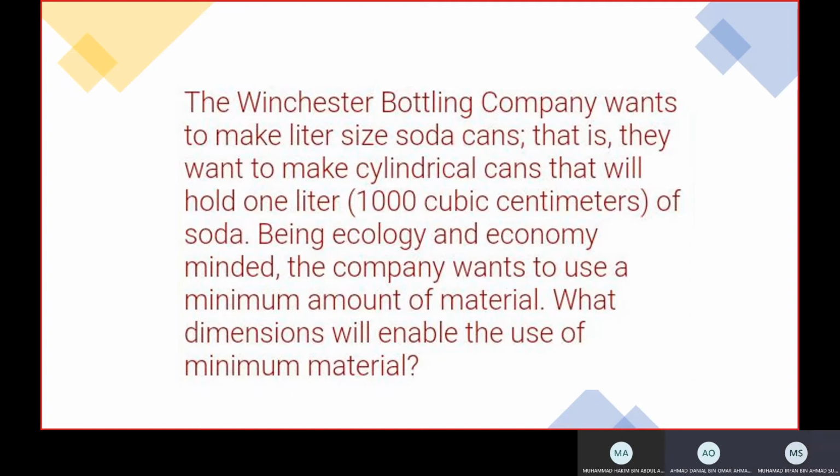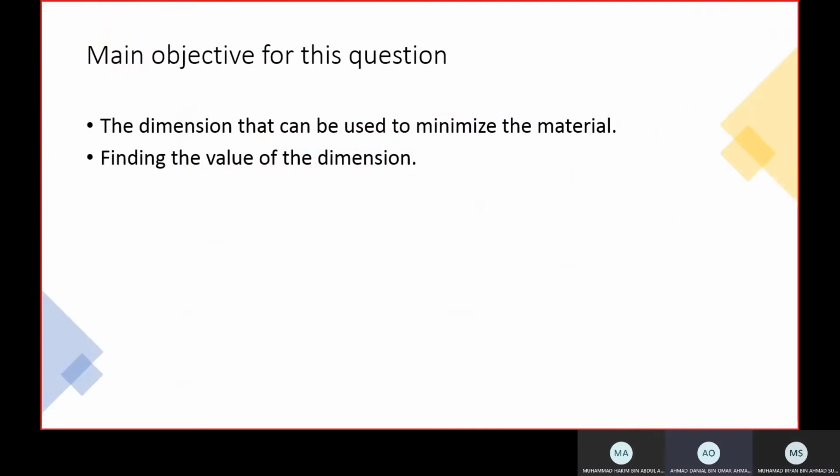Next is 1,000 cubic centimeters. That is the next clue. And also, they want the minimum. They want to reduce the cost for the material. Next, we move to solve the problem.